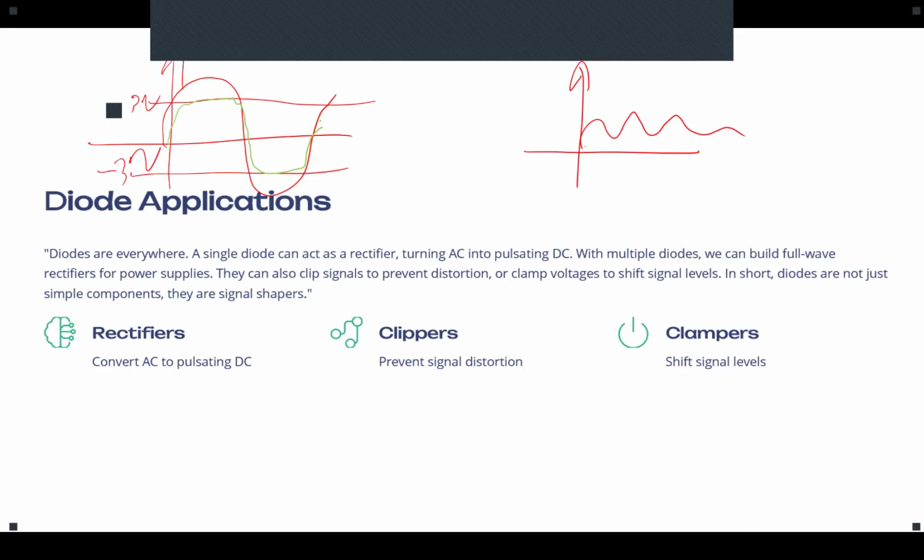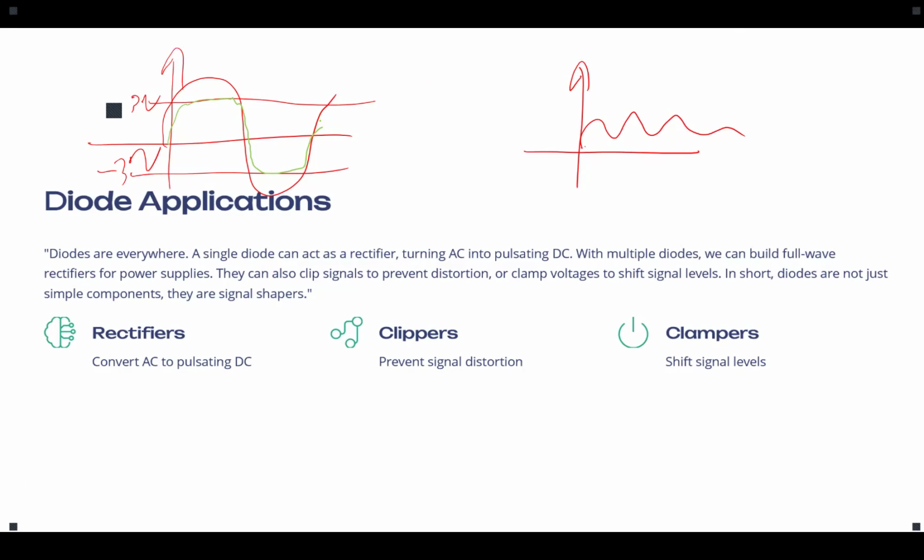We are going to see an example of the circuit we use for the clipper. Another application is clamping, which means boosting the voltage, giving it a DC offset. That's another application of the diode that we are going to use.